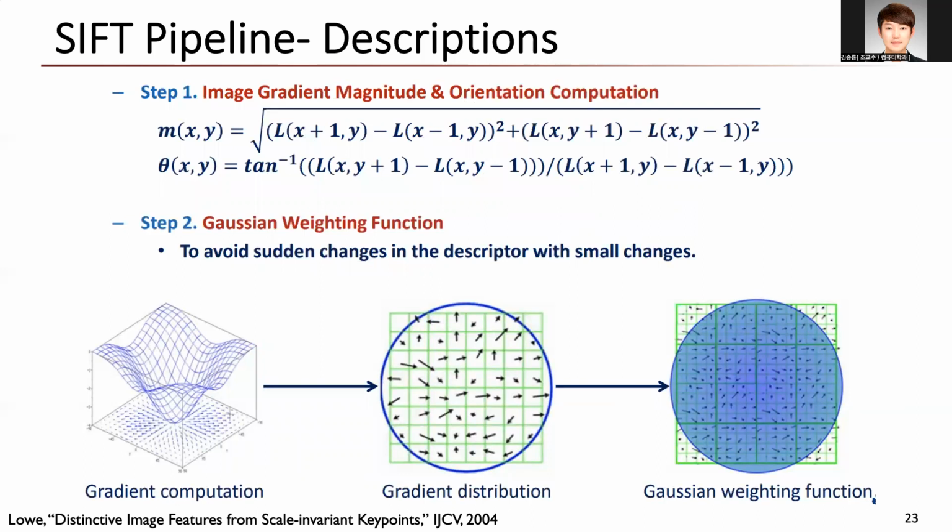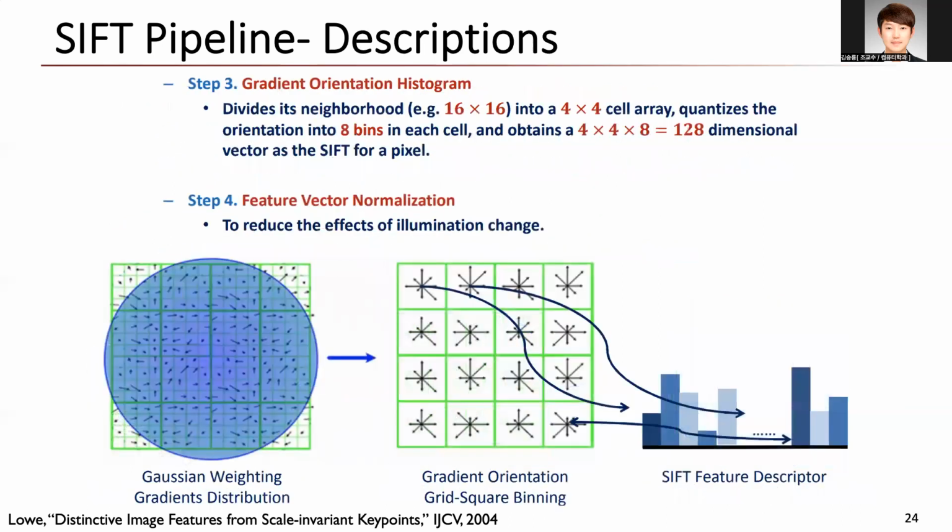They use gradient magnitude and orientation again to describe the feature vector. How? First of all, compute the gradient. This is just the image gradient and a Gaussian weighting function. To avoid subtle changes in the descriptor within a small change, we just apply the Gaussian function, looks like this.